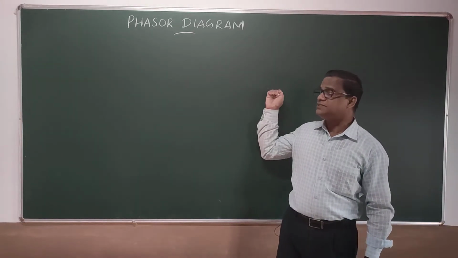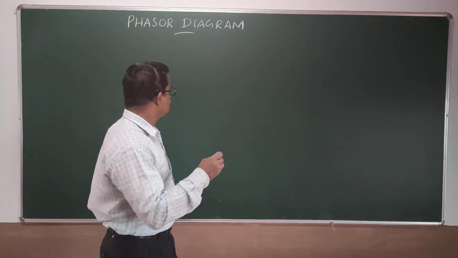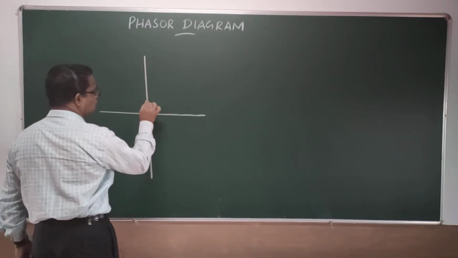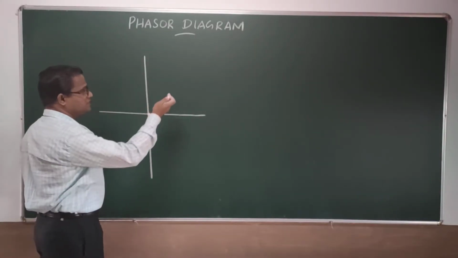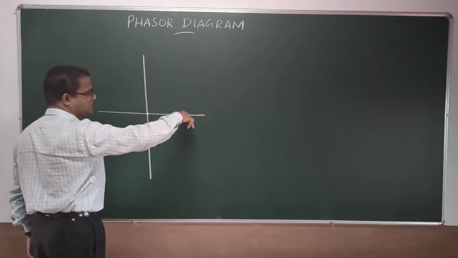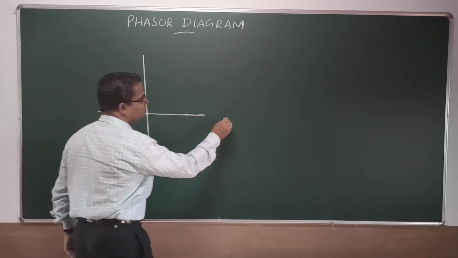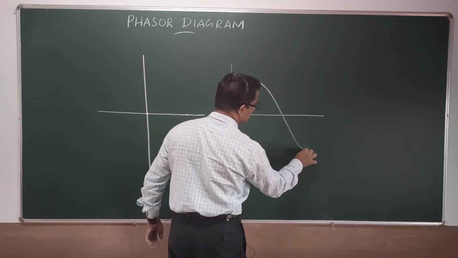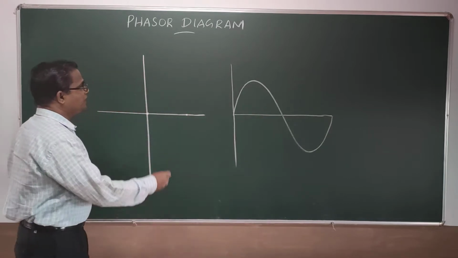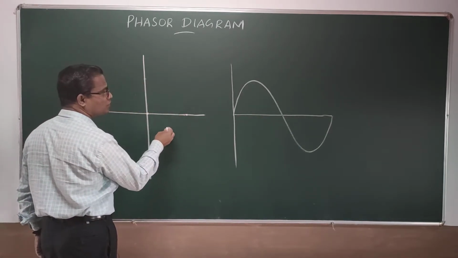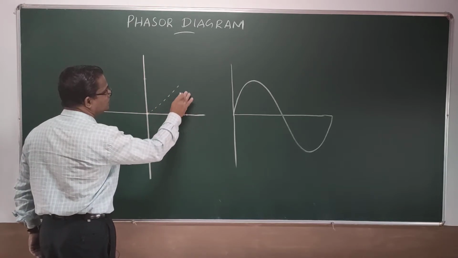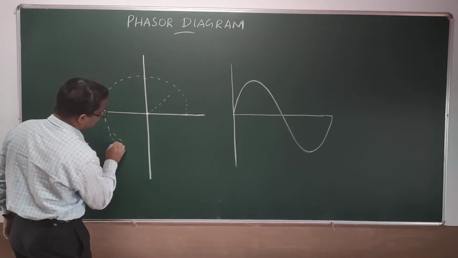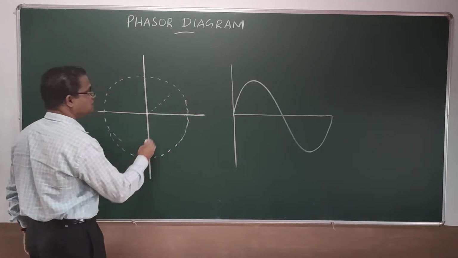Okay, so a phasor diagram is actually drawn like this, with 4 quadrants, and these 4 quadrants represent the complete cycle of an AC. That means when an AC flows in the form like this, this variation can be represented here by the rotating vector, taking the projection of the rotating vector in the form of a circle.